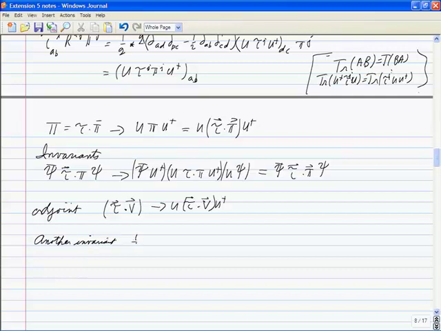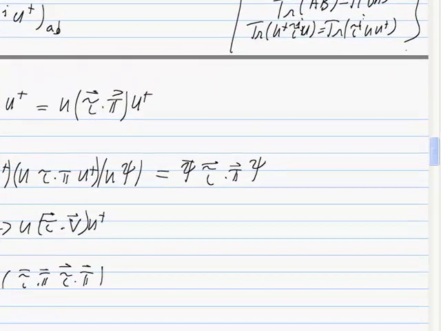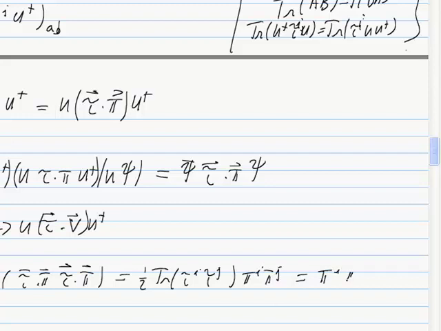If I take 1/2 trace of tau dot pi tau dot pi, that's 1/2 trace tau I tau j pi I pi j. The trace is 2 delta ij, so this is pi I pi I, summed over.